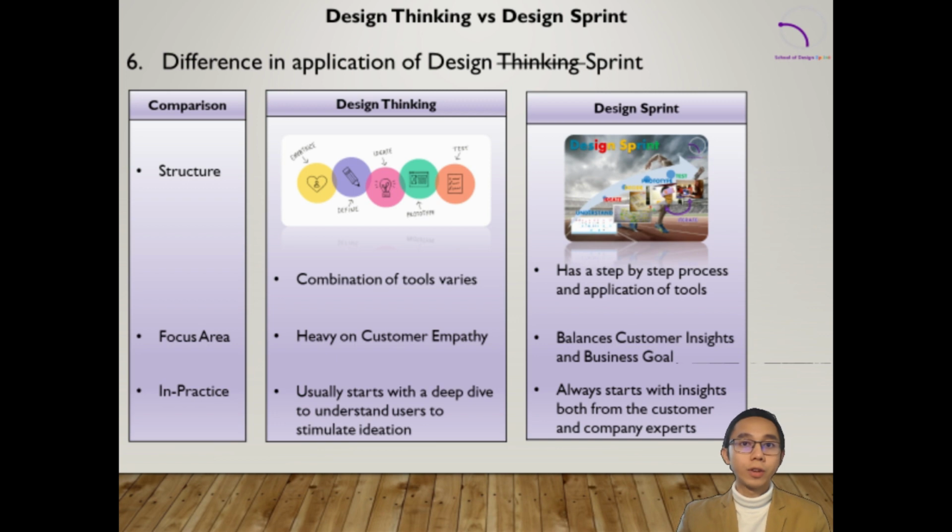To further differentiate, after contrasting the tools commonly used in design thinking and design sprint, I see three key differences between design thinking and design sprint. While both follow a certain structure and have a high-level framework, design thinking is more human-centered in its approach, as I've mentioned earlier.